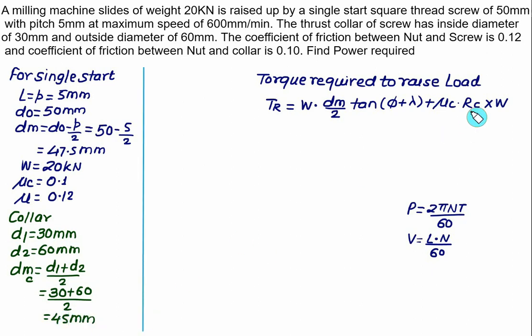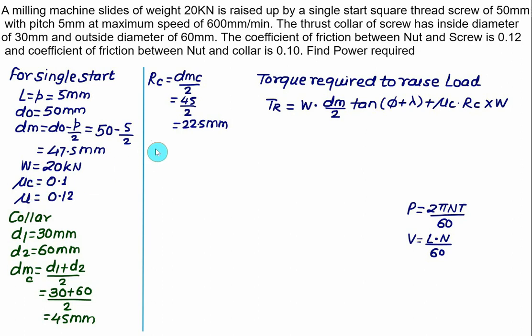For calculation purposes we require the mean radius of the collar. So the mean radius of collar Rc is the diameter of the collar divided by 2, which is 45 divided by 2, that is 22.5 mm. Then we require the angle phi. The phi value we can obtain by using the value of mu.